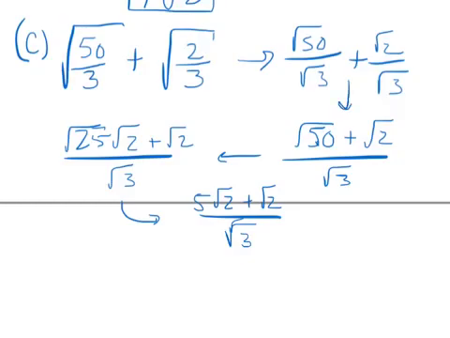Now, that's one method, but we still haven't gotten an answer. Right now, we'd have 6 root 2 over root 3, and we still have to rationalize the denominator, though, right? Nick? We still have to rationalize that denominator.